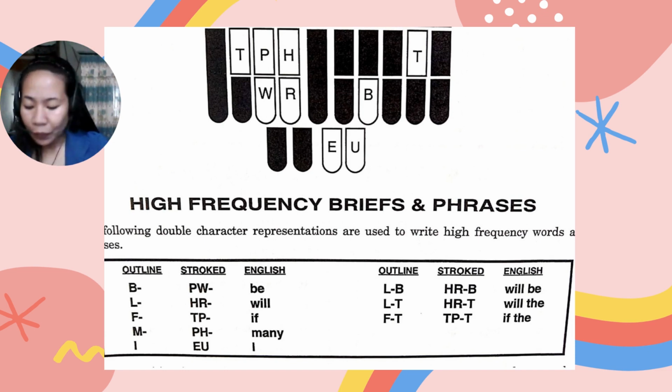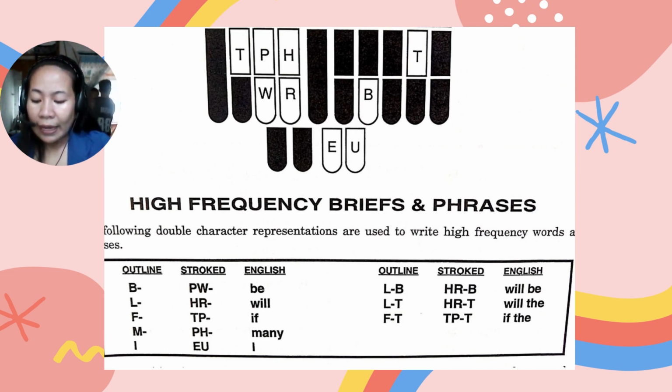And here we have an outline for LB. For the outline LB, you're going to press HR and then the final B. So the initial HR and then the final B will represent the phrase will be.